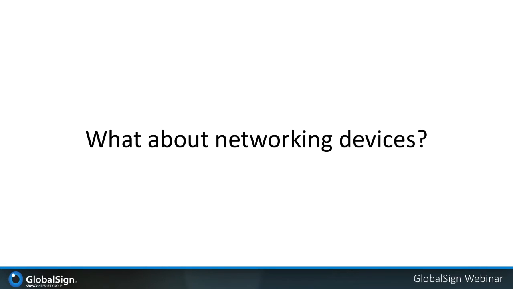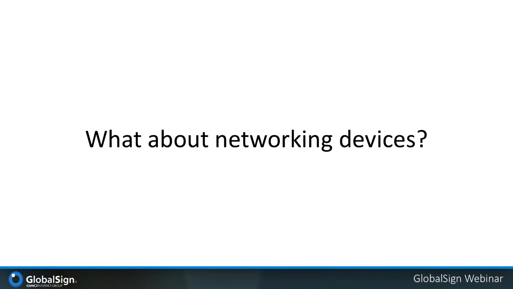The next question we get all the time is, what about networking devices? People have networking devices such as routers, wireless printers, wireless cameras. To a certain extent, you can still use AEG to issue certificates to any device that practically supports SCEP, including a networking device such as a router.